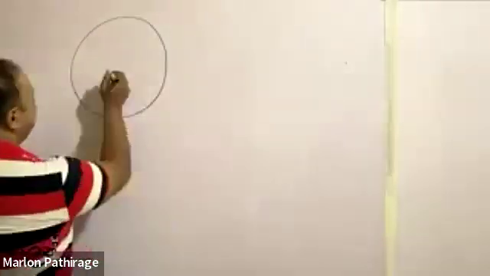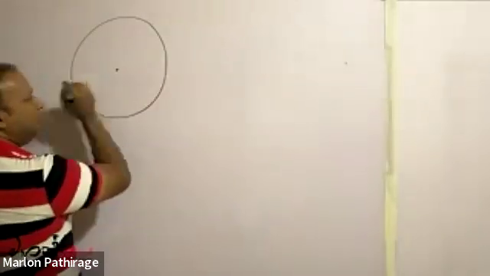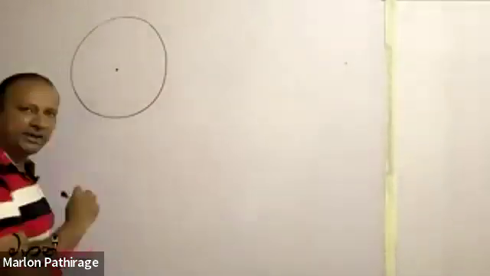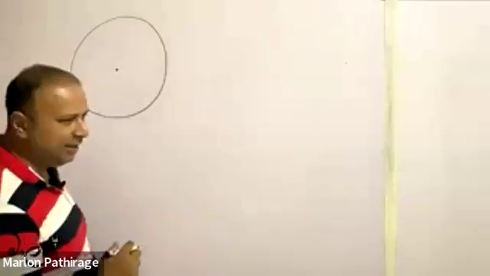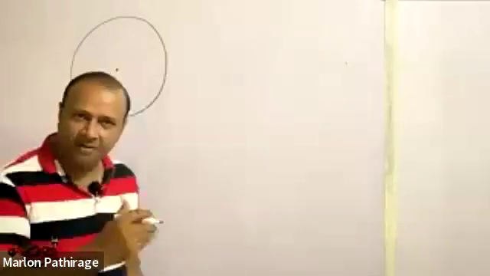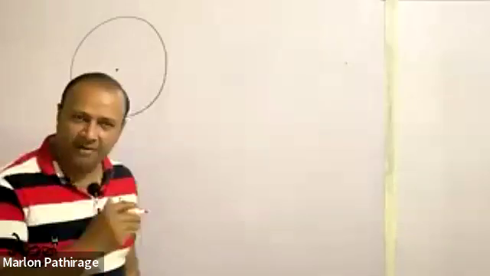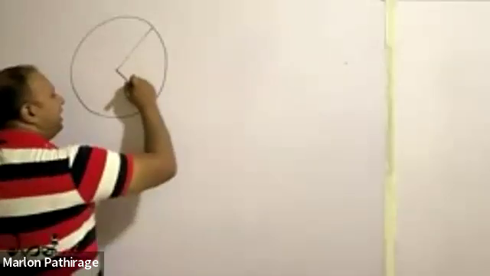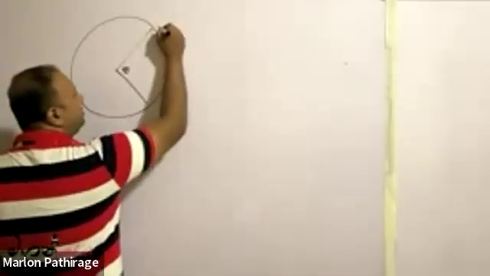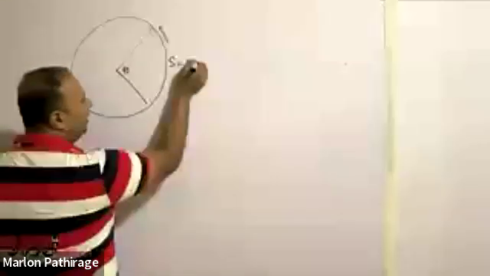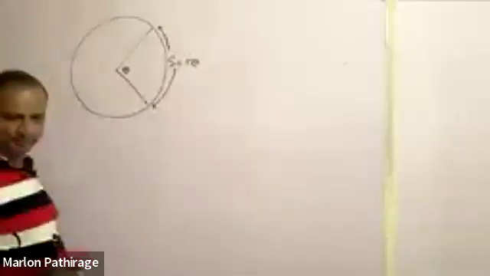Look at this side. Now you know the equation to determine the arc length. Suppose the subtended angle is theta, the arc length is equal to r theta. Okay?